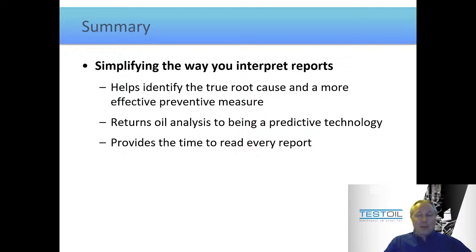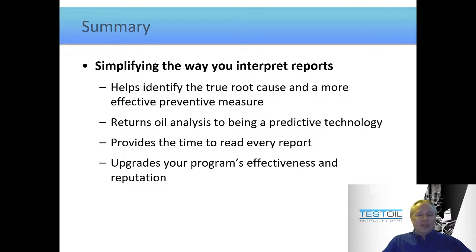And that's the big benefit here. This is what takes your program's effectiveness up a notch, and this is, of course, also what affects your bottom line investment to the whole program, right? You get a higher return on your investment. So there's no reason not to read reports this way, and hopefully you've seen this as a valuable insight for just how to get through the report.